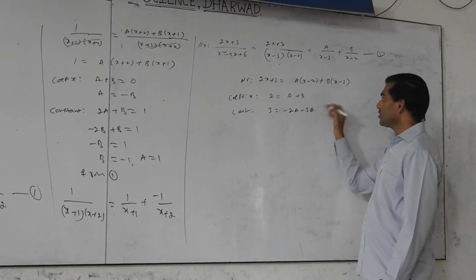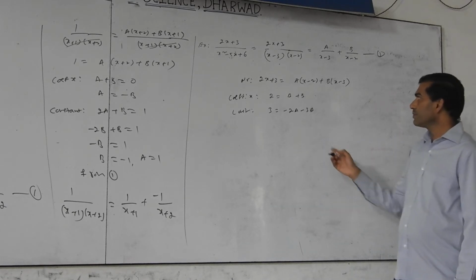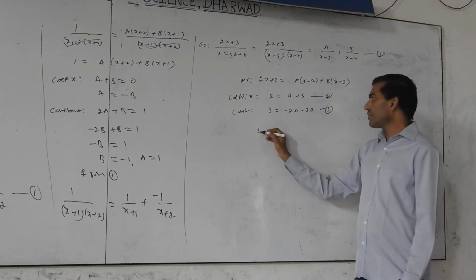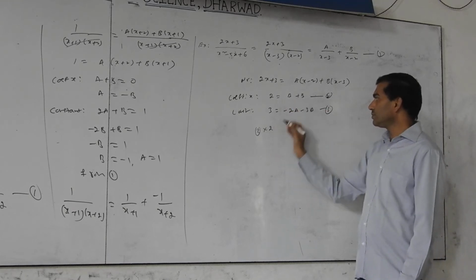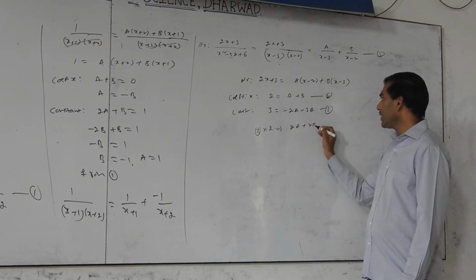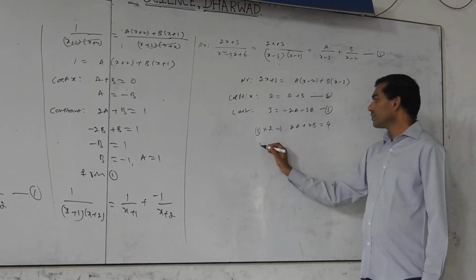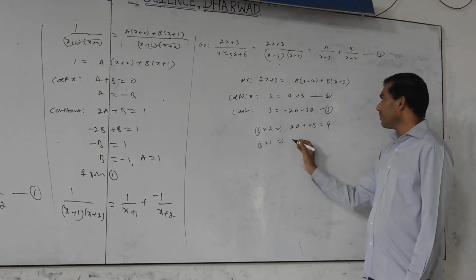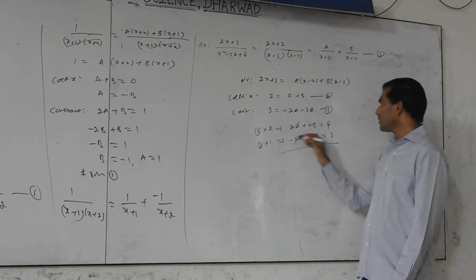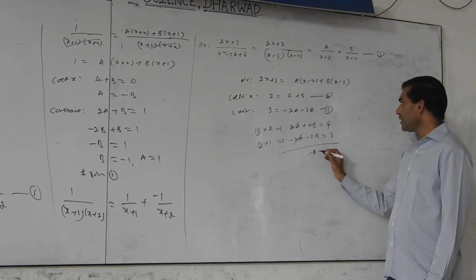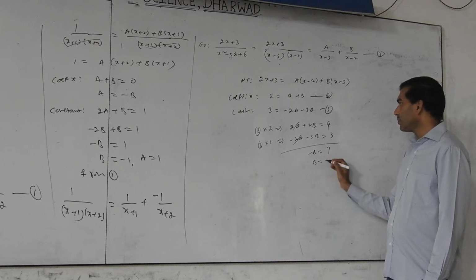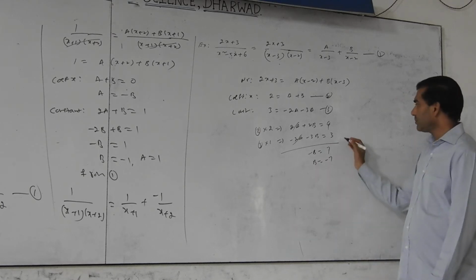By solving these two we get A and B. Multiply the second equation by 2: 2A + 2B = 4. Adding the third equation, -2A - 3B = 3, the A terms cancel, and we get -B = 7, so B = -7.